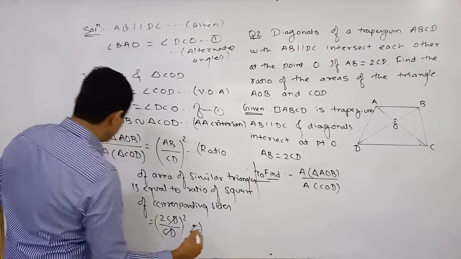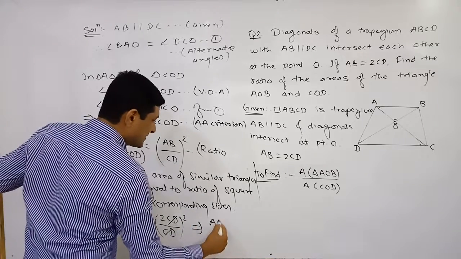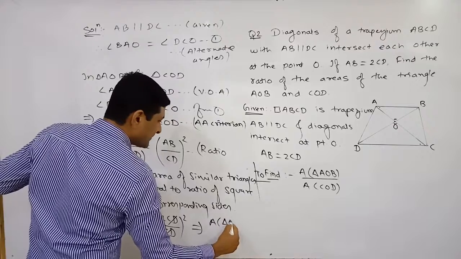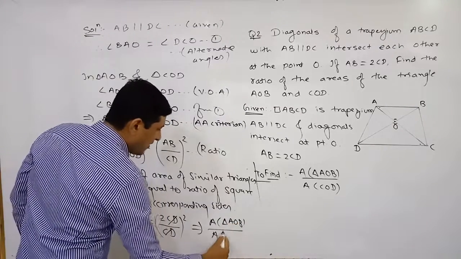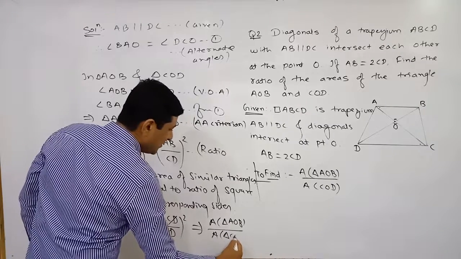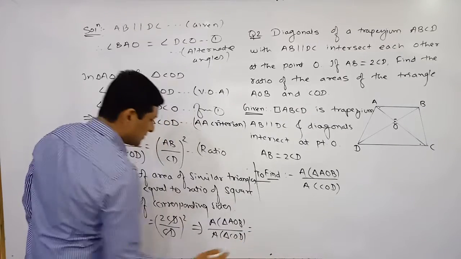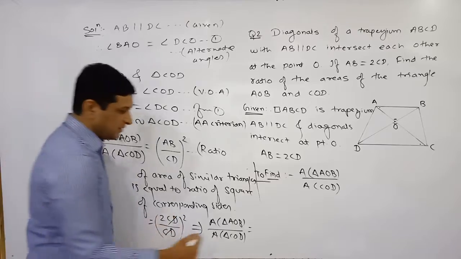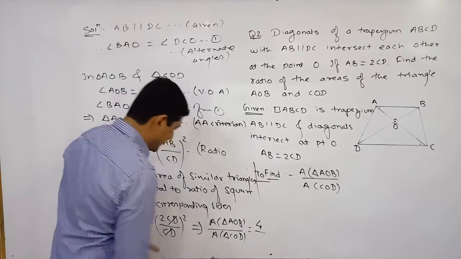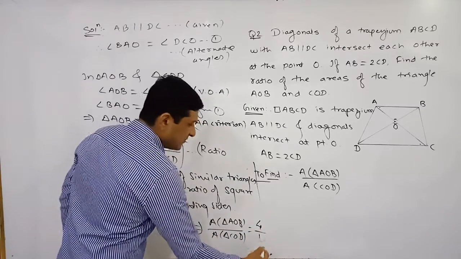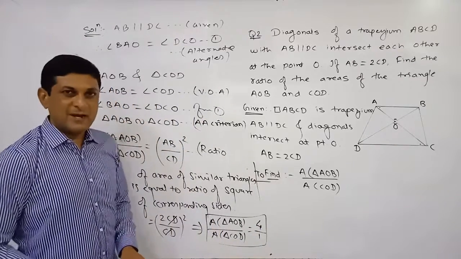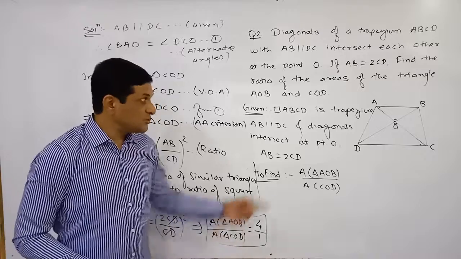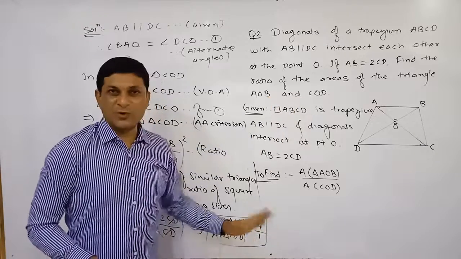So which implies that, keep the left hand side: area of triangle AOB upon area of triangle COD is equal to, here square of 2 will be equal to 4 and in the denominator 1 is there, so square of 1 will be equal to 1. So in this way we have got our required value. So the ratio of area of these two triangles will be 4:1.